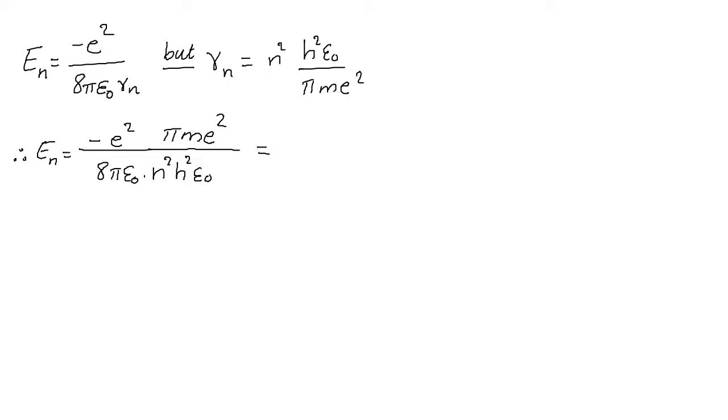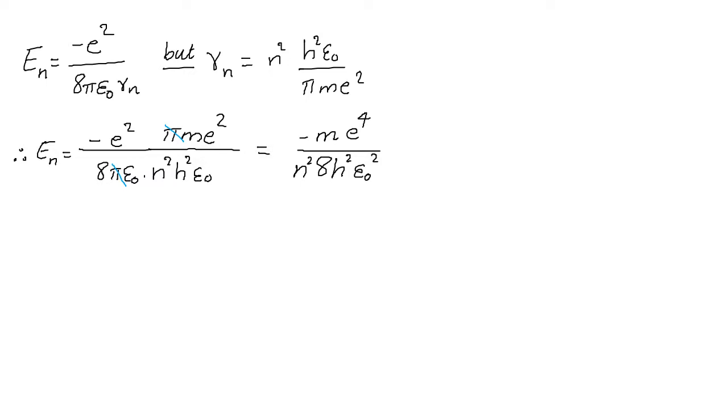You can see pi in the numerator and denominator. Then I'm going to simplify and write the result as negative, when m is there in the numerator, then e square into e square will give you e raised to 4. So negative m e raised to 4 divided by 8 h square, then epsilon 0 into epsilon 0, that is epsilon 0 square, then n square. Correct. So this is the energy.